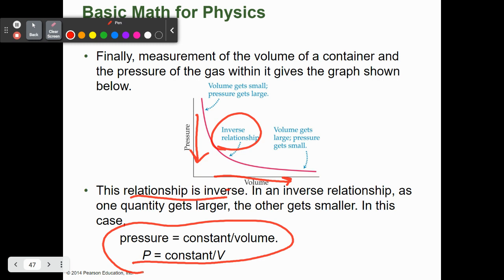Yes. Do they write constant just to avoid having a ton of x's? They write constant because that's going to be a set number all the time. So when we did ideal gas law, remember, was PV equals nRT, and that was a constant. It was the same number all the time, right?